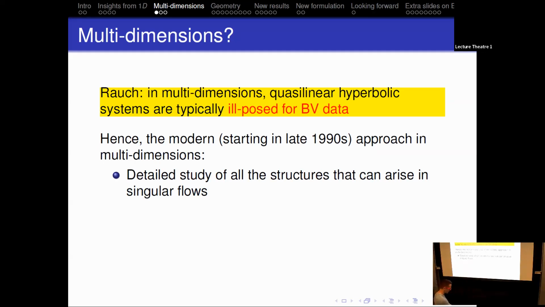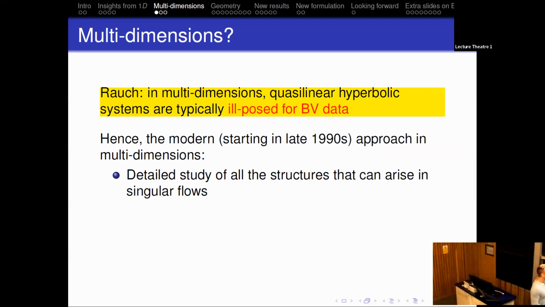Okay, so because of the lack of a good notion of BV norm where you can propagate the regularity of the data, the modern approach to the study of shock waves in multi-dimensions, which I would say started in the late 1990s with work of Alinhac, involves really taking a detailed look at all the structures in the flow.